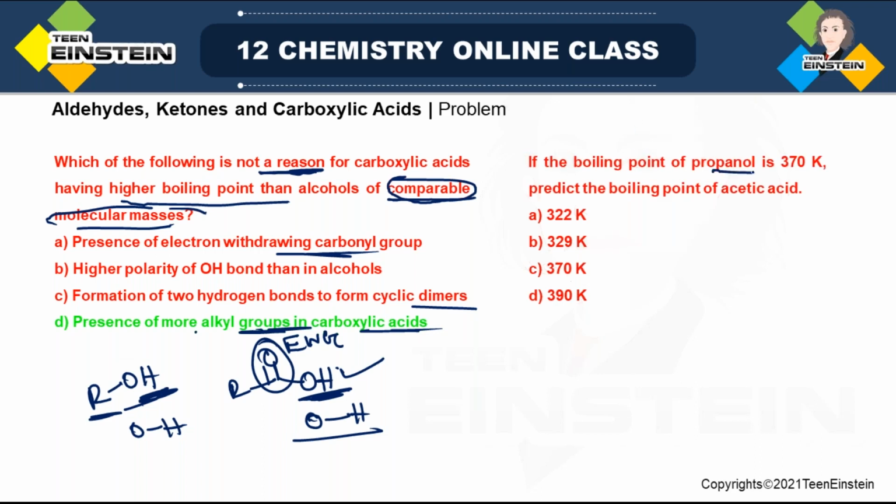If the boiling point of propanol, meaning CH3, 3 carbon, then OH, so this is propanol, is given as 370 Kelvin in Kelvin scale, predict the boiling point of acetic acid. Now acetic acid means 2 carbon.